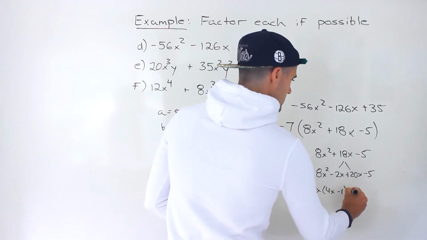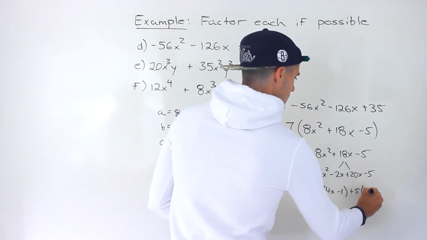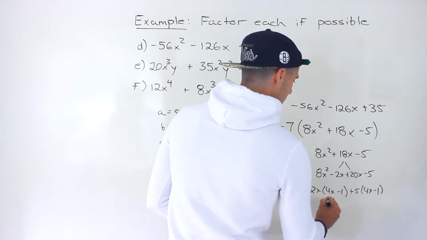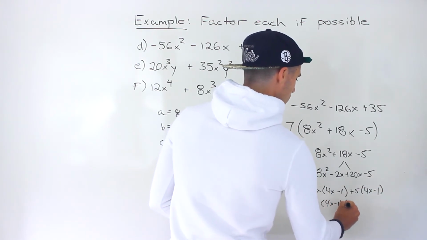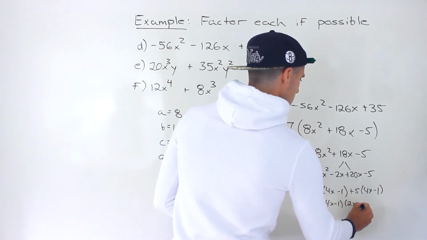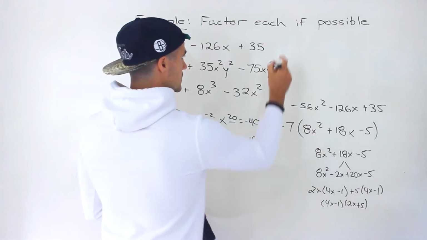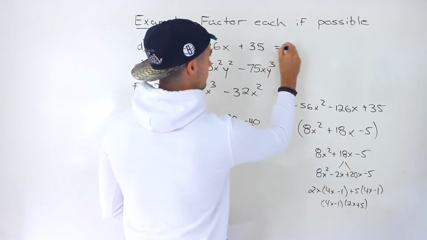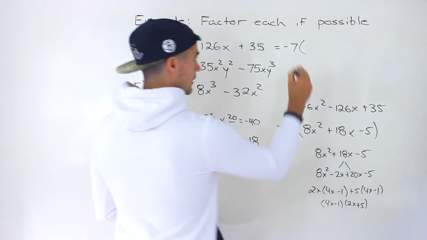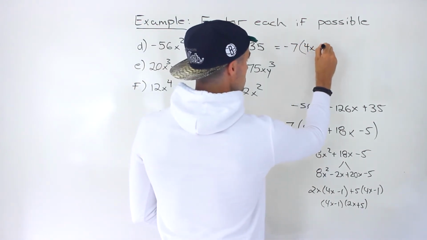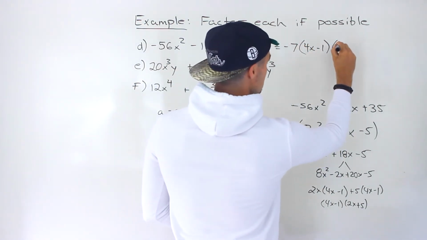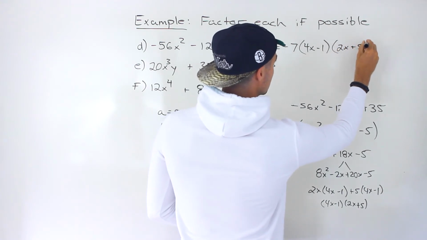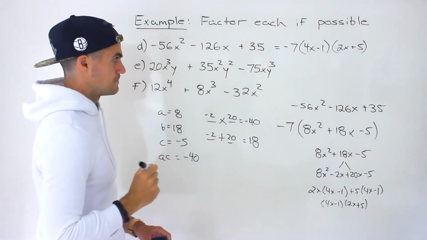Then from these two, we could take out a 5. And then we could take out that 4x minus 1, and we're left with the 2x plus 5, right? Remember, we took out that -7 initially, and we're left with 4x minus 1 times 2x plus 5, like that.